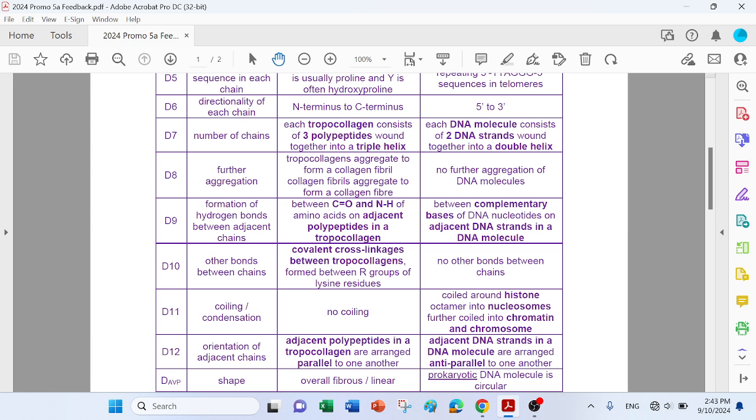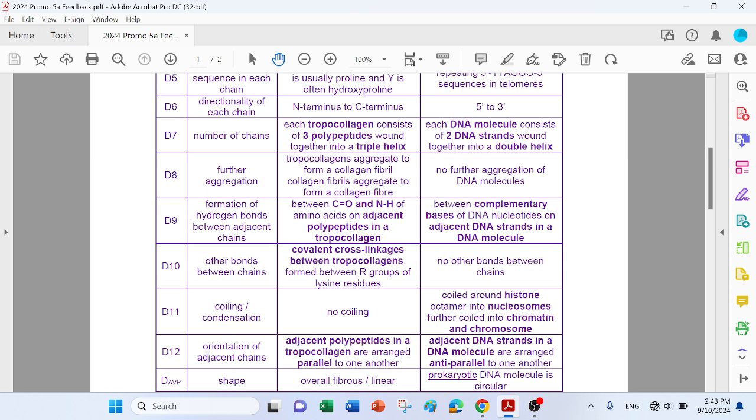For point 9, the hydrogen bond formation. We know that it is a similarity that there are hydrogen bonds formed between individual strands, but where and how they are formed is different. For collagen, as you saw in the structure when we went through it, the hydrogen bonds are found within a tropocollagen, between adjacent polypeptides within a tropocollagen, and formed not by R groups, but by the carbonyl and amino group of amino acids on adjacent polypeptides.